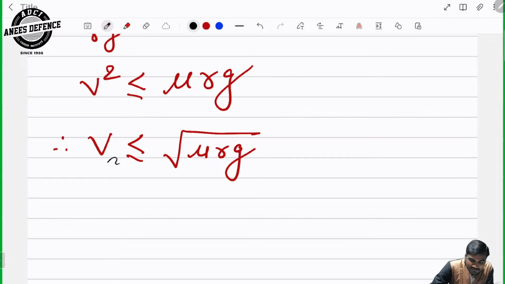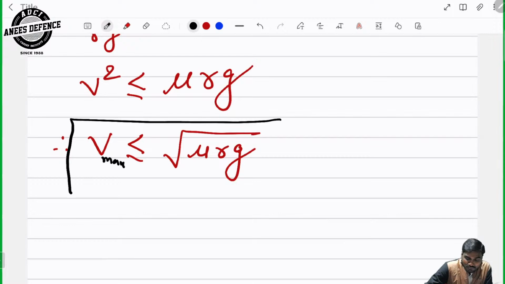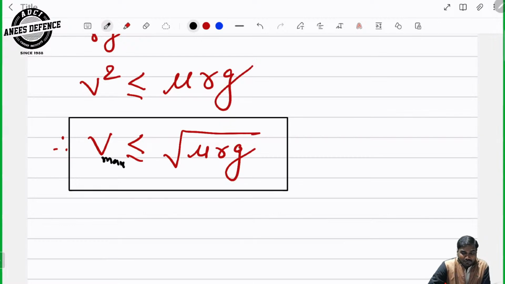Yes or no? Yes. Means if you want to take turn, your maximum speed should be that much, and for safety point of view, that should be equal to root mu Rg.